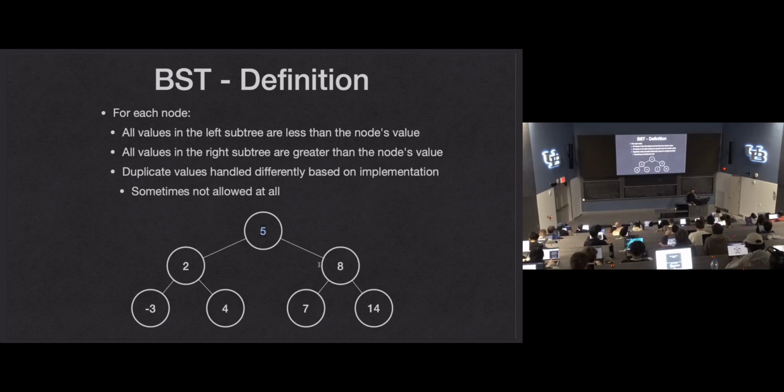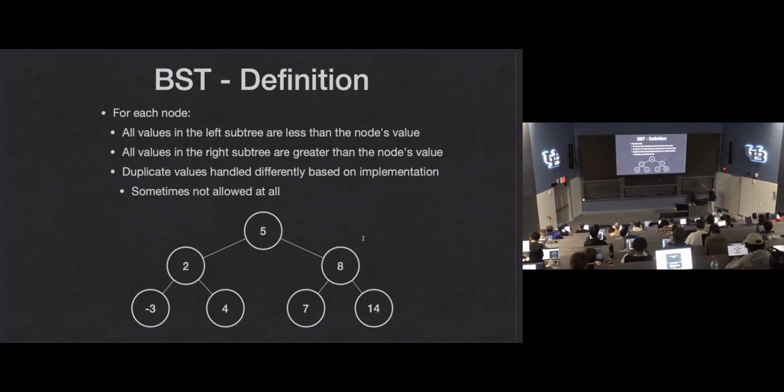Every value in its right subtree is greater than that value. If that's true for every single node in the tree, you've got yourself a binary search tree, or at least it satisfies the properties of a binary search tree.